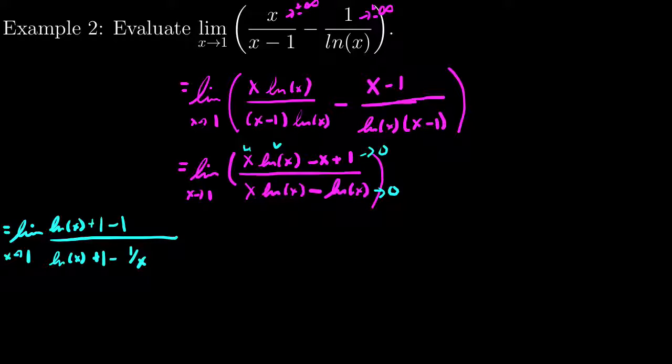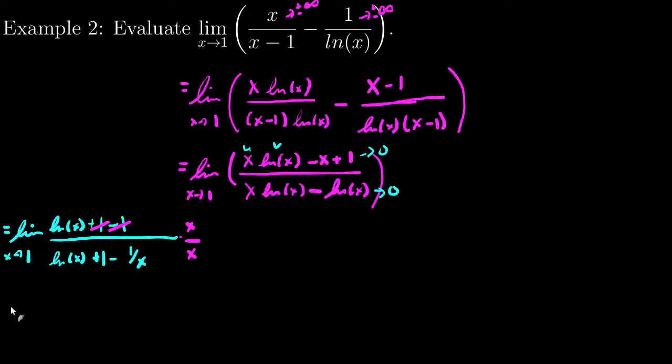Before I even go further, and this is something that I try to stress, I like cleaning up any fractions. Do the algebra, because sometimes you can kick out of L'Hopital's rule early if you clean up things like this. So plus 1 minus 1 cancels. And to get rid of the 1 over x here, I'm going to multiply by x over x to get rid of the x in the denominator of the denominator.